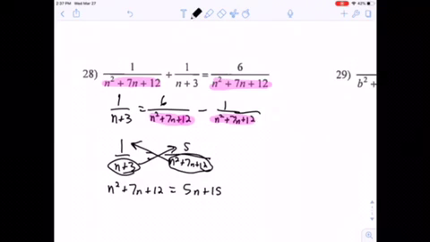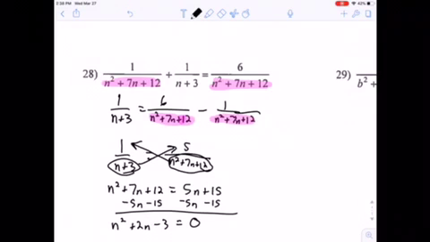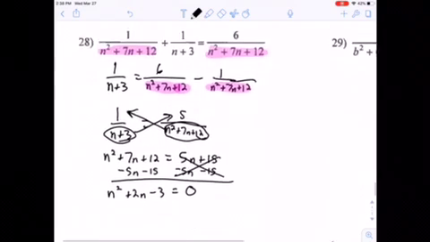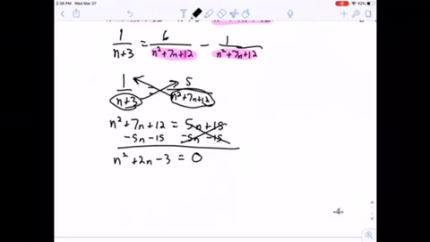Again, quadratic, move everything over. We're going to move those two pieces over. And that side all cancels out, so it becomes 0. Factor this, you get (n plus 3) times (n minus 1).